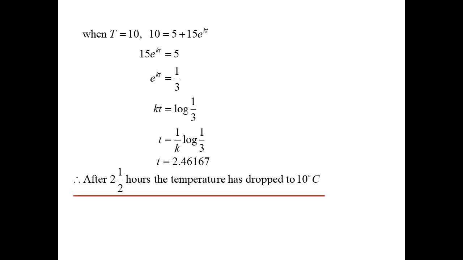The question said after how many hours? I suppose technically 3 hours, but I think I went for 2.5, didn't I? Yeah, 2.46 is close to 2.5. Again, that's what I was saying yesterday. Write down your decimal approximation so they can see where your conclusion has come from, rather than just looking at it and going, oh, I think it's 3 hours, I think it's 2.5 hours.